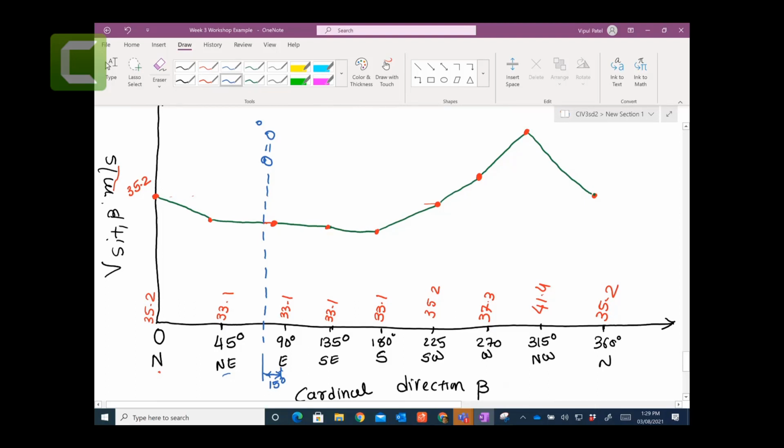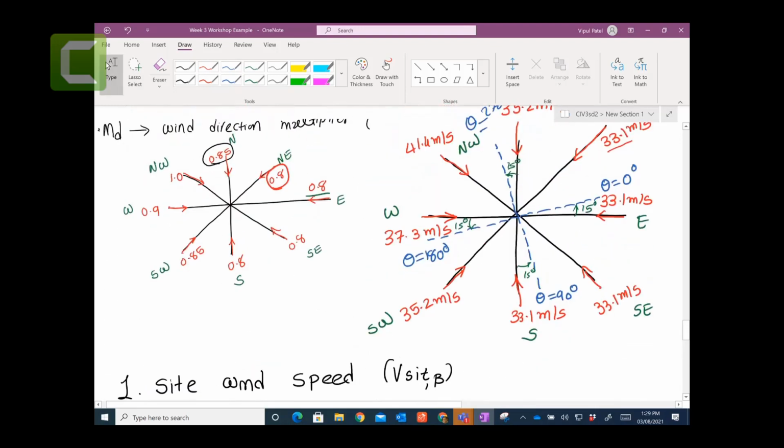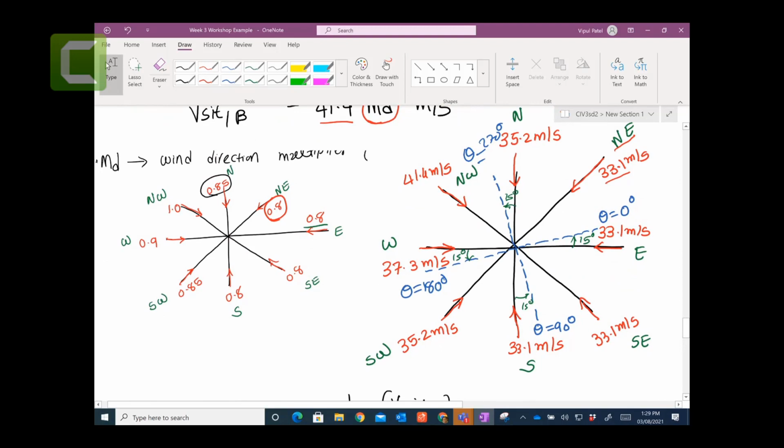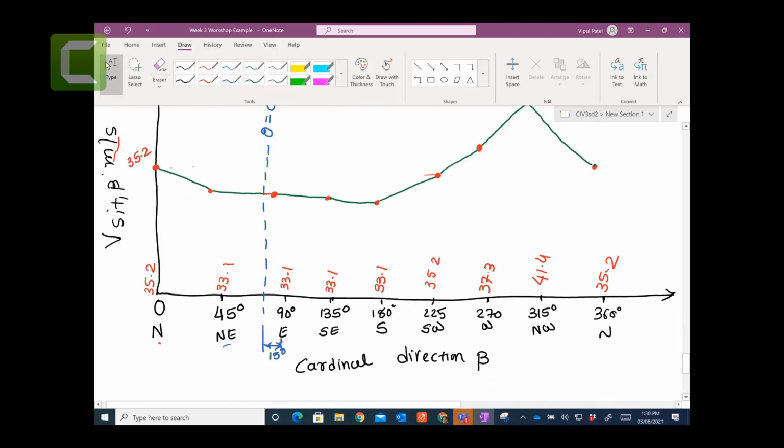How did you draw 15 degrees for theta equal to 0 from the east if you don't understand? I draw from this figure that theta equal to 0 line sits between east and northeast with 15 degrees from the east towards northeast. Everyone okay? It seems that everyone is okay.